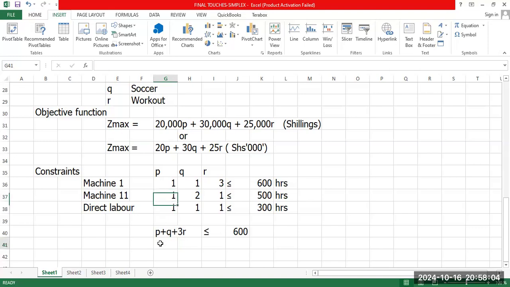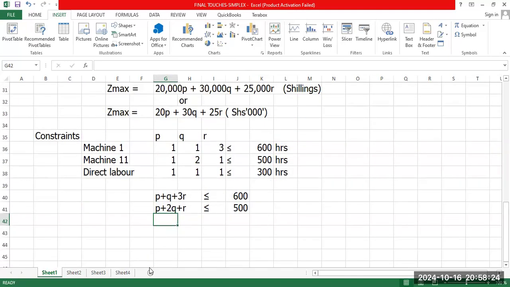Next is 1 times P, that is P, plus 2 times Q, that is 2Q, plus 1 times R, that is R. Okay, less or equal to 500. Then next, 1 times P is P plus Q plus R, equal to 300.